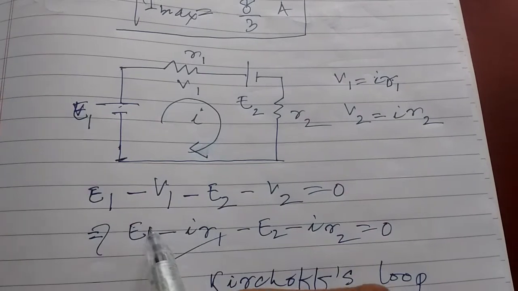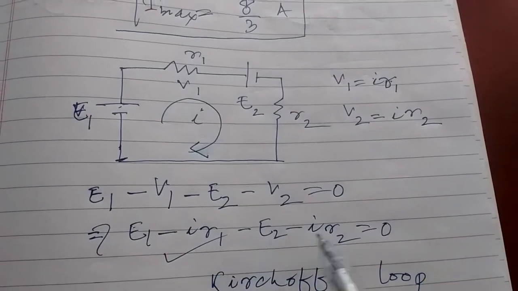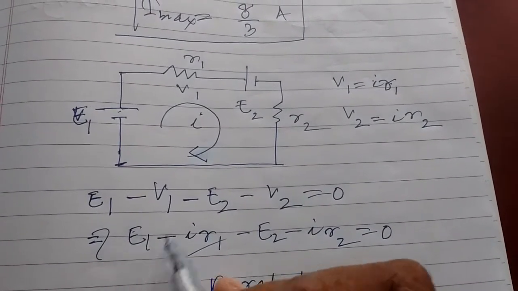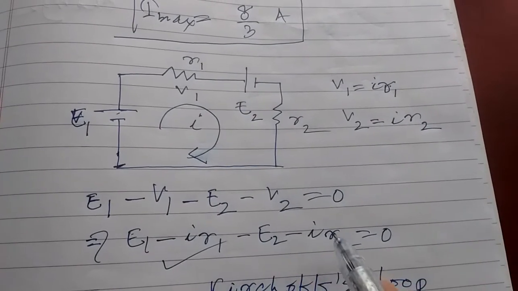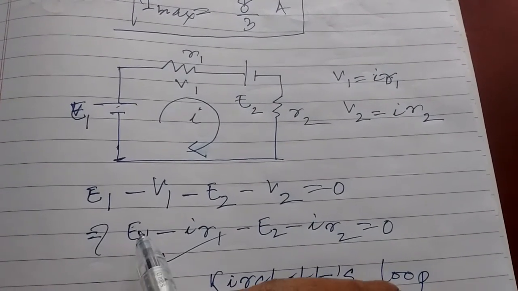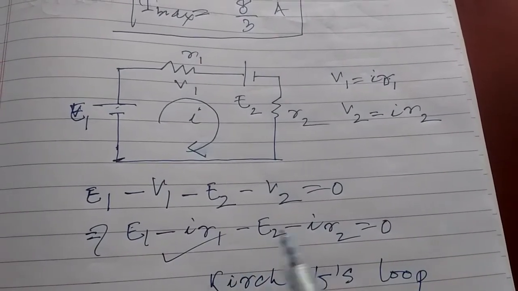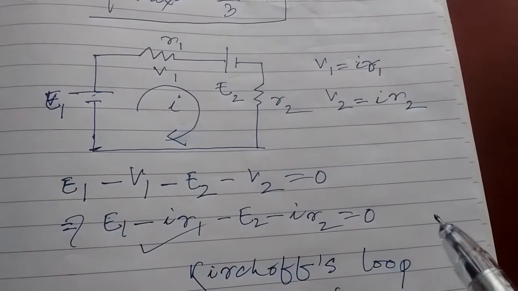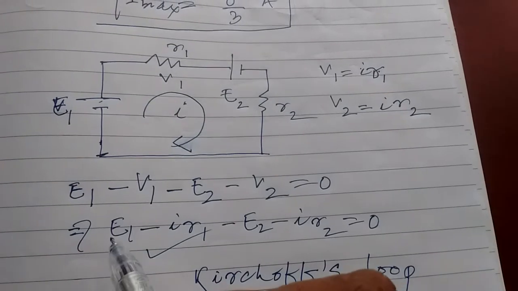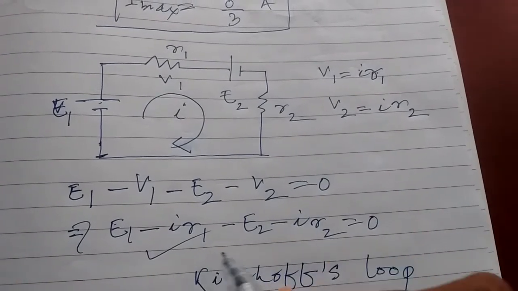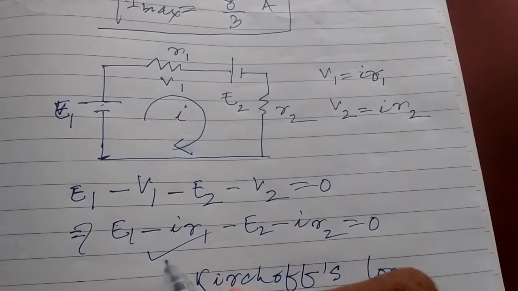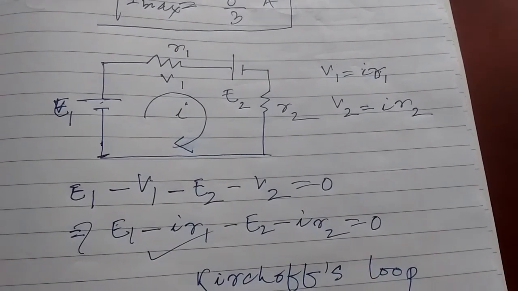Okay. Here E1 is the only positive and all others are negative. That means this is a supply and these are nothing but consumers. So E1 is supplying energy, these are consuming energies. So supply minus consumption is equal to 0. So total energy supplied is equal to total energy consumed. So this is according to the law of conservation of energy.